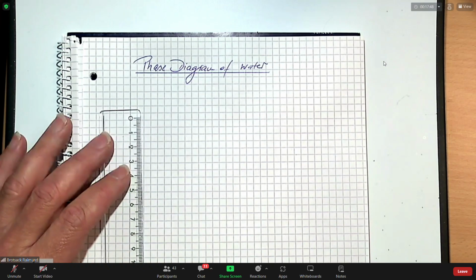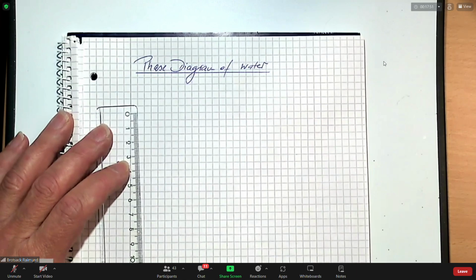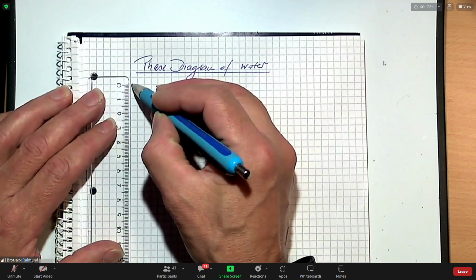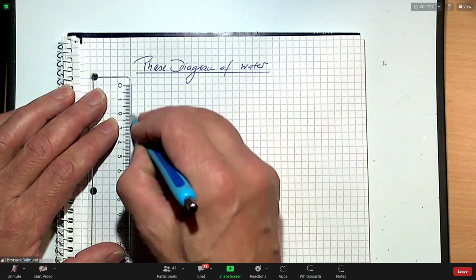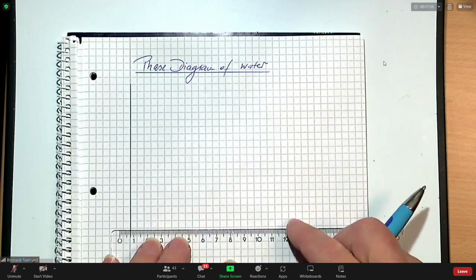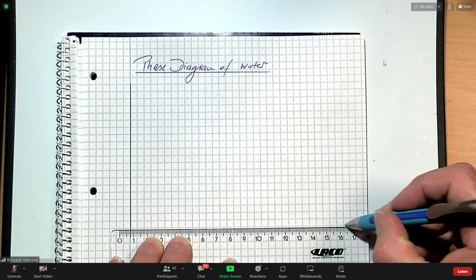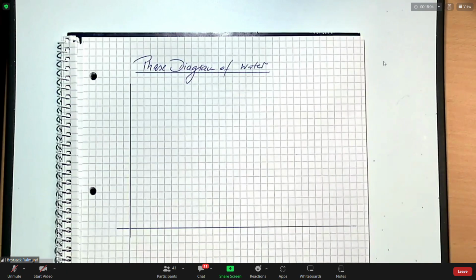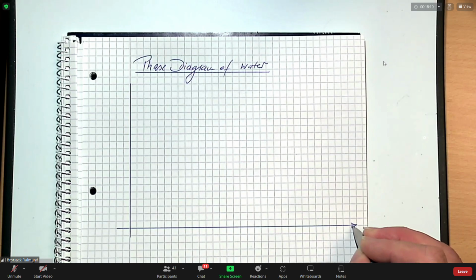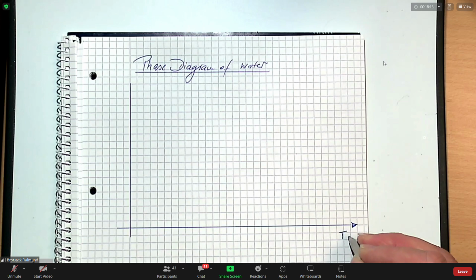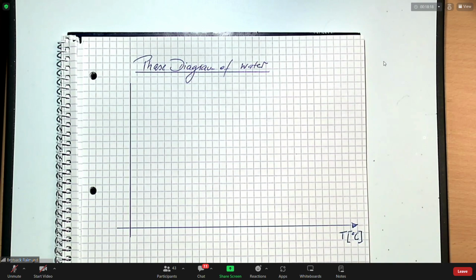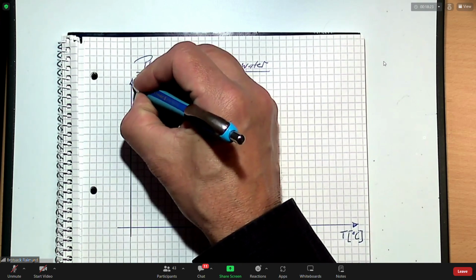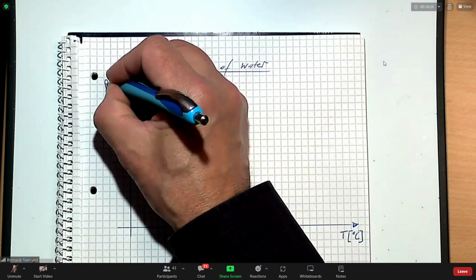The y-axis is the pressure level, and the x-axis is the temperature level. So we have a PT diagram. To the right, now let's write the temperature scale in degrees Celsius. We can convert it to Kelvin if we want. And the y-axis is the pressure, P, now in bar.